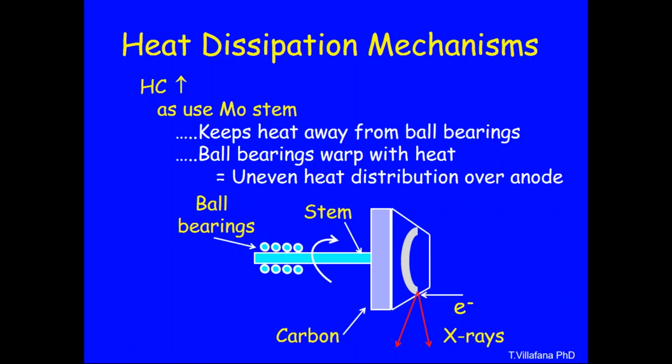You do not want the heat to go back to the ball bearings and warp them, with the result that you'll have non-uniform rotation of the anode, which will spoil the evenness of the energy distributed on the track. So this molybdenum stem prevents heat from being conducted back to the ball bearings.